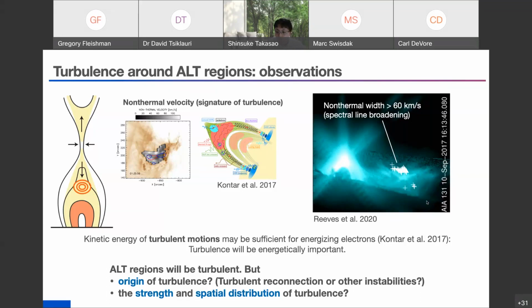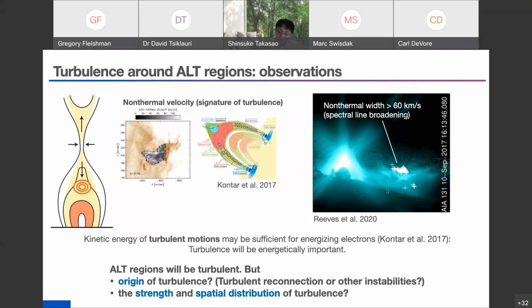These are other examples that we have: an evolving flare arcade. We are looking at the flare loop from the side in this region, and these points show the region where the non-thermal velocity is larger than 60 km/s.